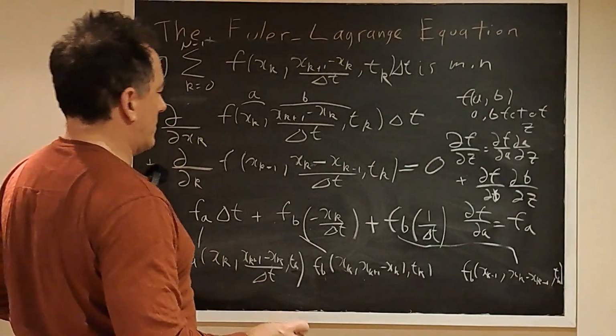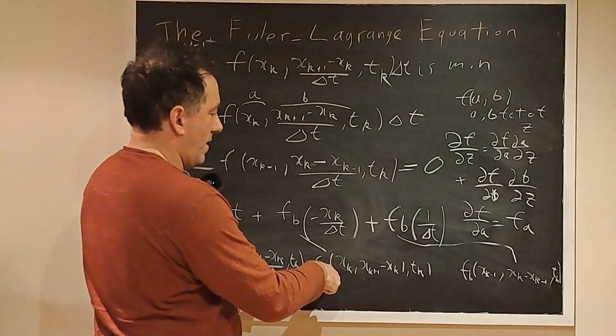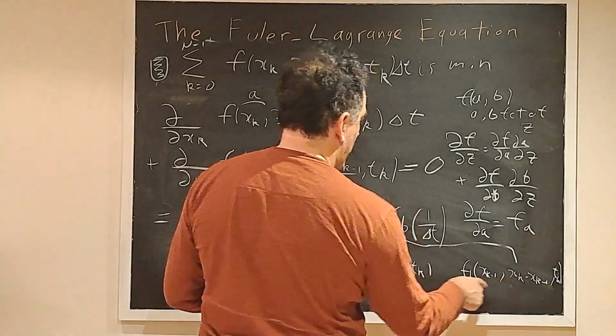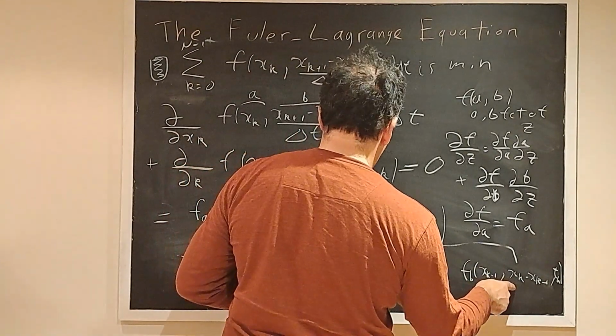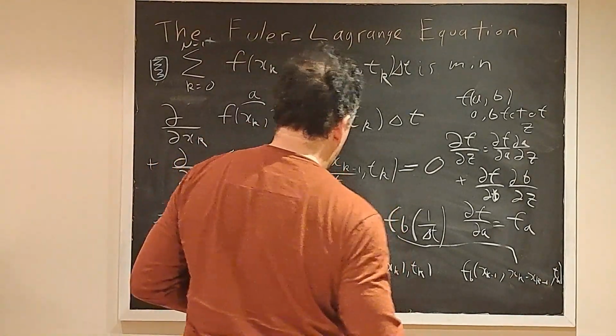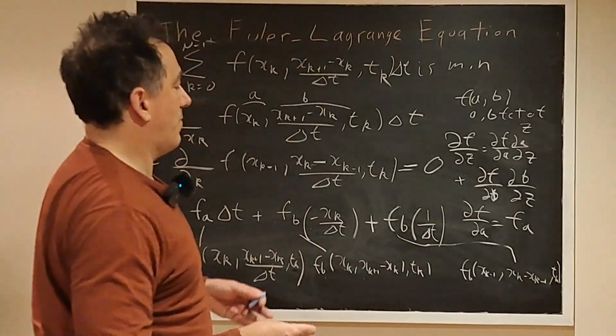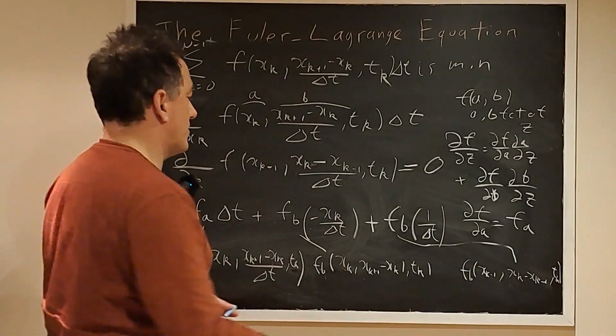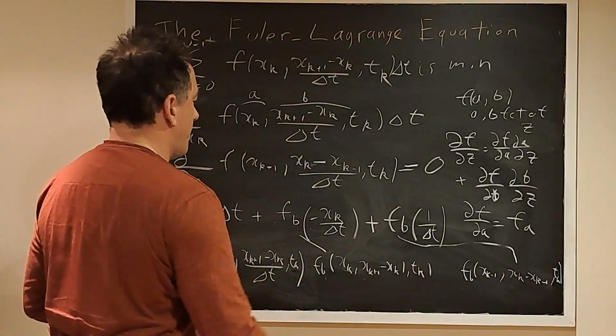So what we notice here is that these two fb are evaluated at two consecutive points and they are divided by delta t. So what is that? Well, that's simply the derivative, because there's a minus sign in between these two.